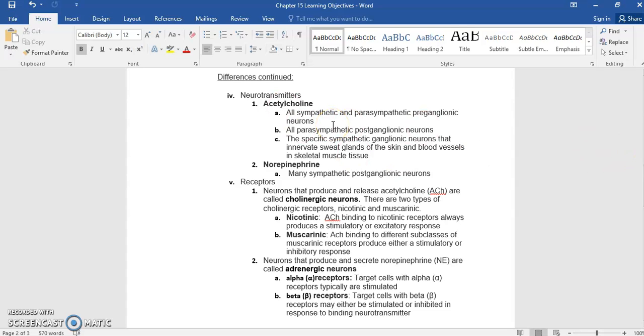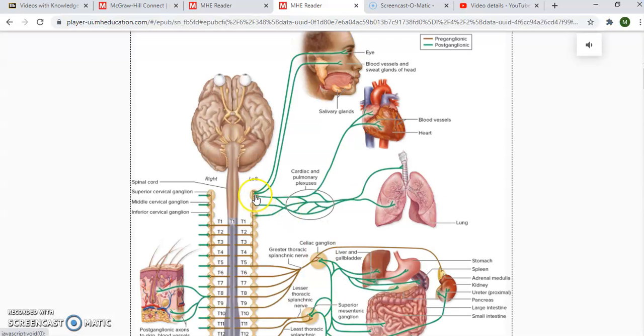if we look at both of the parasympathetic and sympathetic motor neurons, we'll see that all of the preganglionic motor neurons are going to produce and release the acetylcholine. So at these ganglia, the preganglionic motor neurons of the sympathetic nervous system release acetylcholine here.